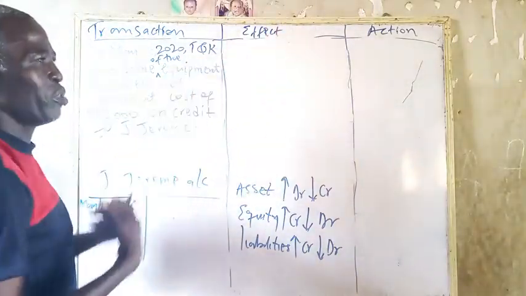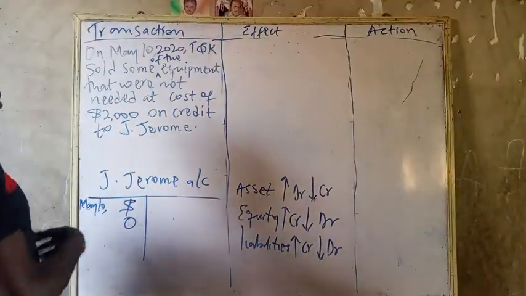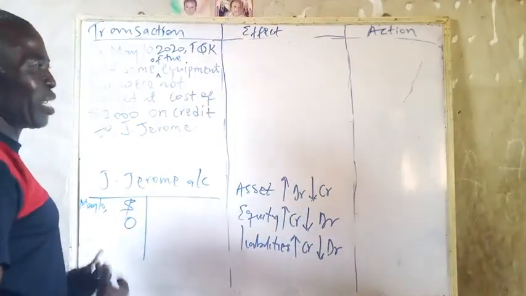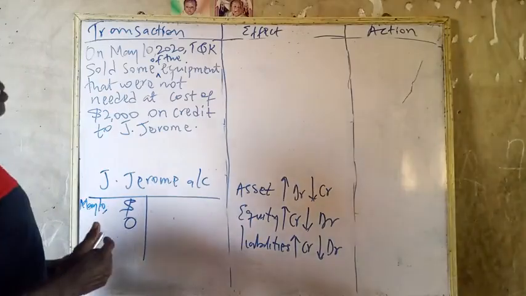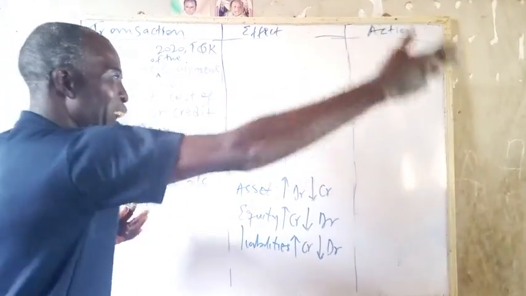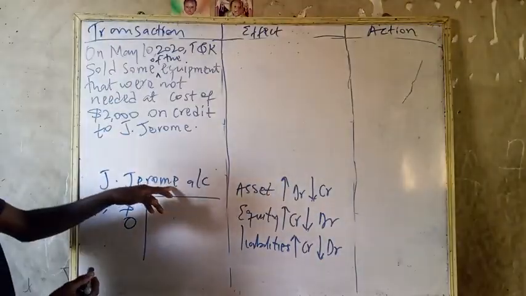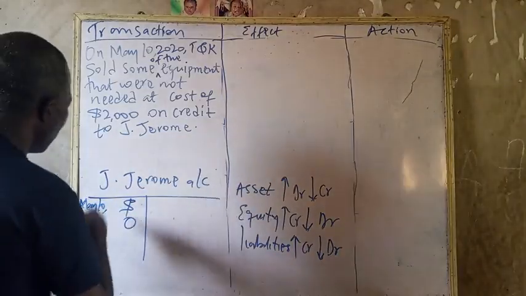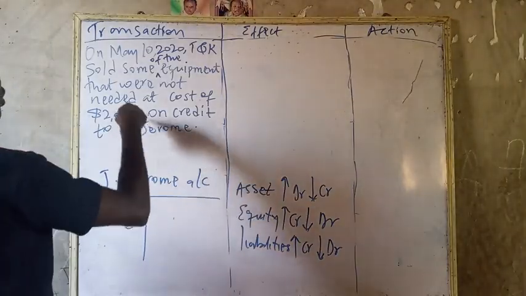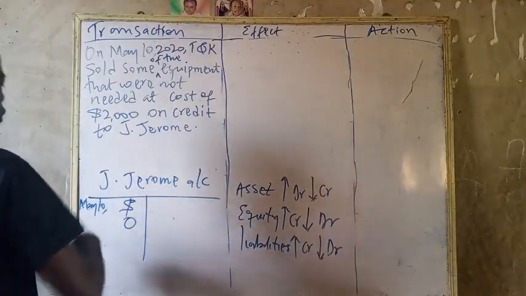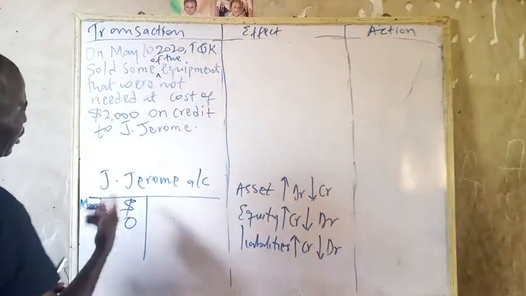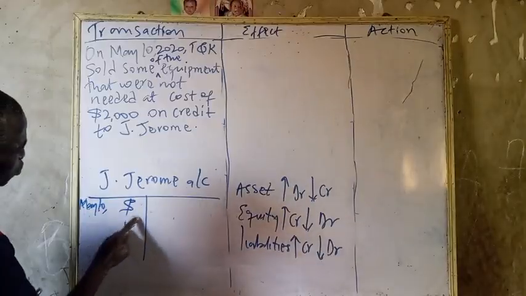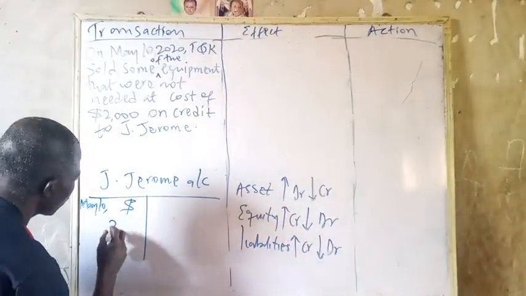When we collect it from him, it is going to enter either our cash account or bank account. The money with J. Jerome is still our asset. So J. Jerome is an asset account. Today being May 10th, he received equipment worth $2,000 from us. That means the account has increased from $0 to $2,000.